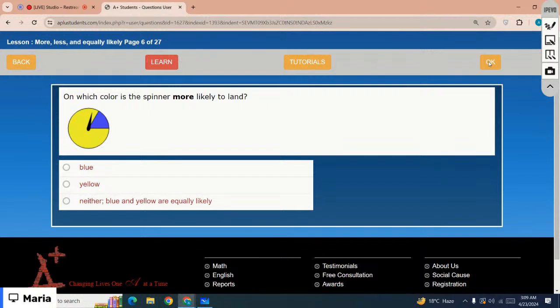On which color is the spinner more likely to land? Which is the correct option? The correct option is more likely to land on yellow, right? Because most of the portion is yellow.